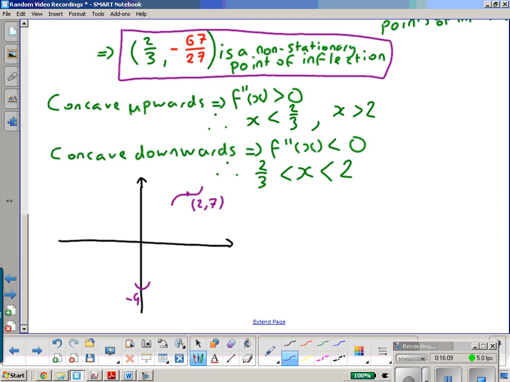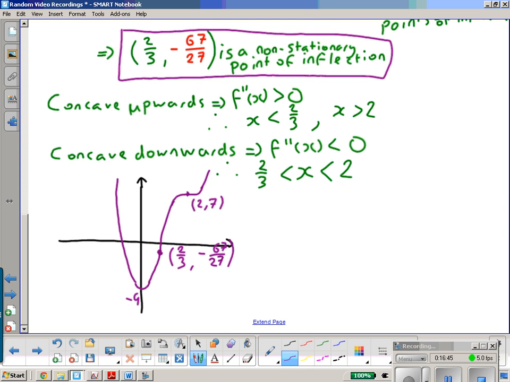And then it's a matter of joining them up. This goes up here. Remember, this is concave upwards the whole way, so it's bending up. It's still concave upwards till here, and then here it starts to turn backwards on itself, and then it goes up again in that way. That's not a particularly fantastic diagram, but we can also see in here the non-stationary point of inflection, which we just found was 2/3, minus 67 over 27.